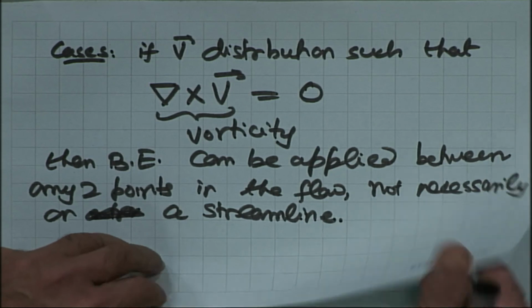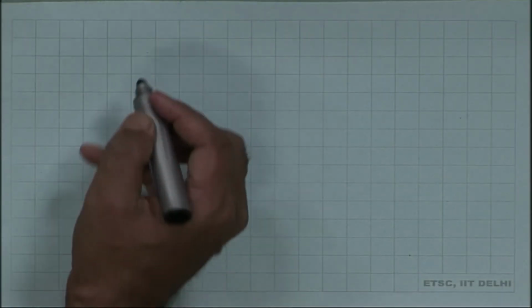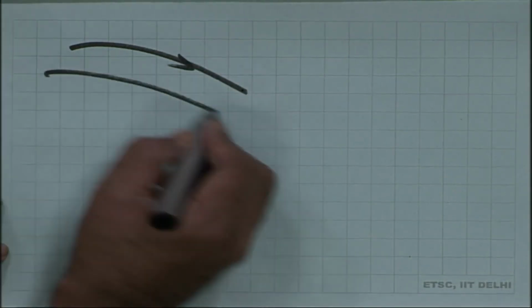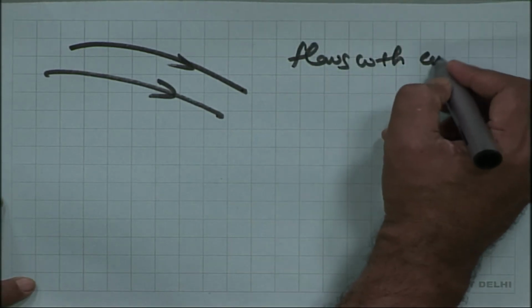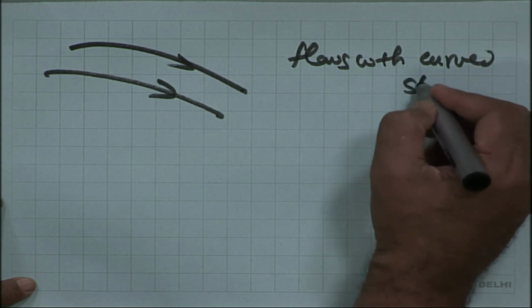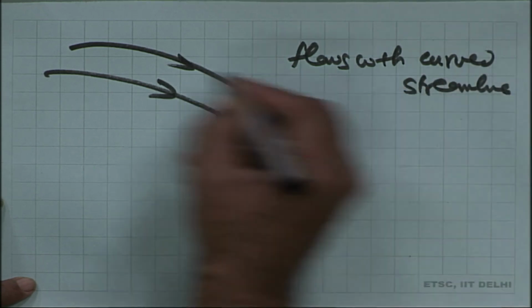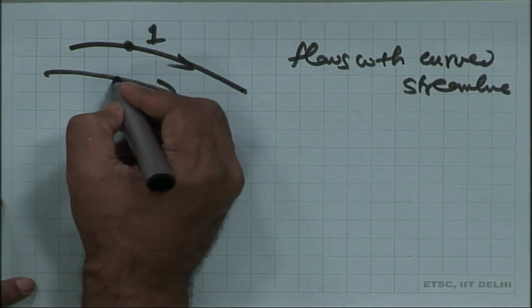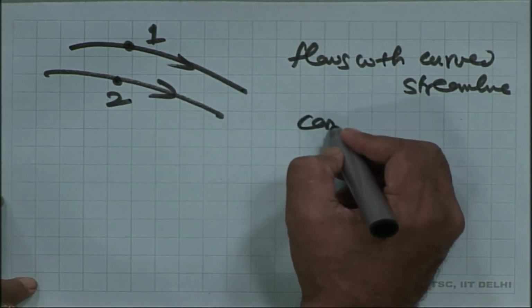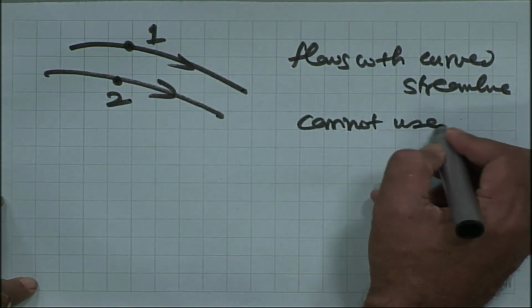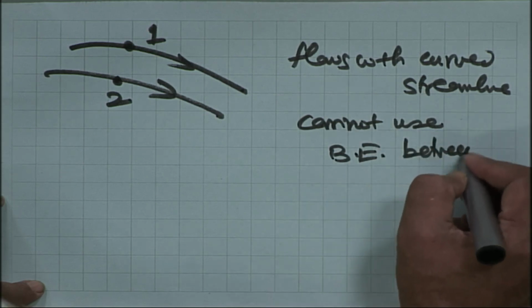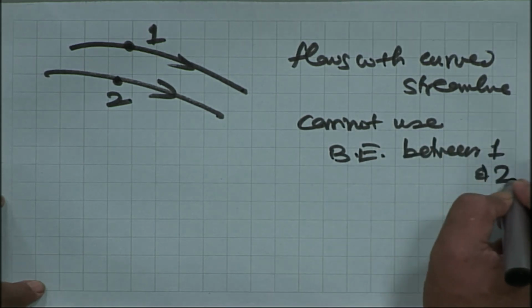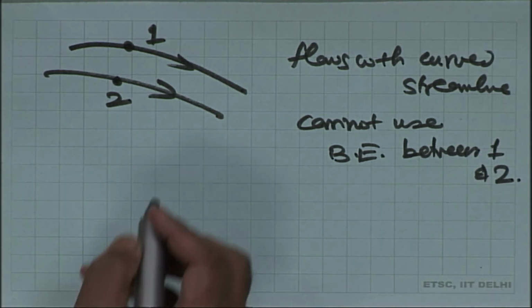I will discuss this more in the next class. If we have flows with curved streamlines, then in general we cannot use Bernoulli equation between 1 and 2 because they are on different streamlines.